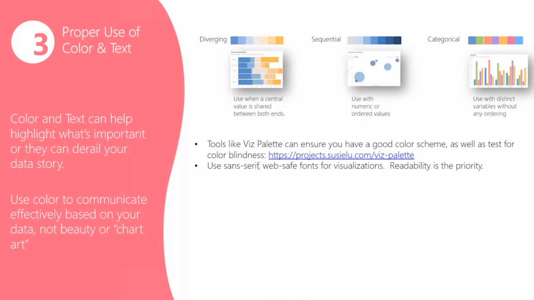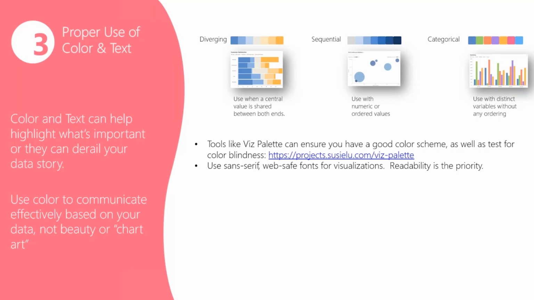Now you've understood that here's what the user wants, here's the visualization. Make sure you use proper colors and text. Most of us, unless you have a visual design background or you're in a marketing background, aren't good at picking colors. And colors make or break everything, from an app you install on your mobile phone to the way that you look at a visualization.